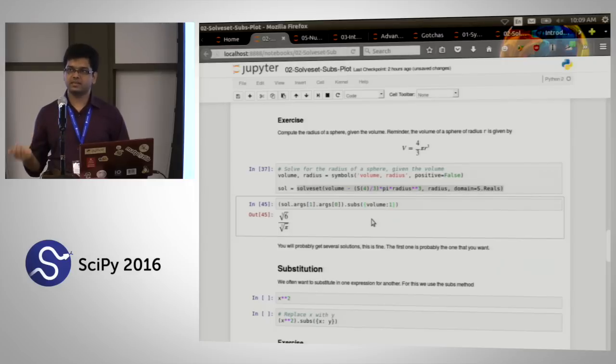Yeah, I understand that getting the solution and using it for computation is kind of difficult. We are working on that.